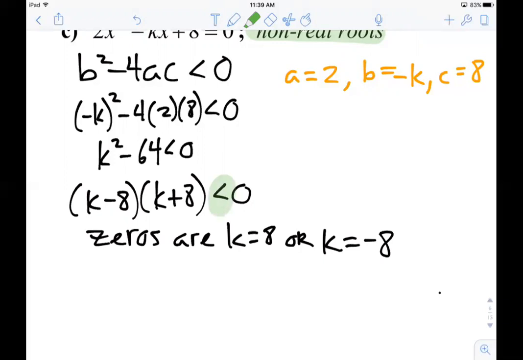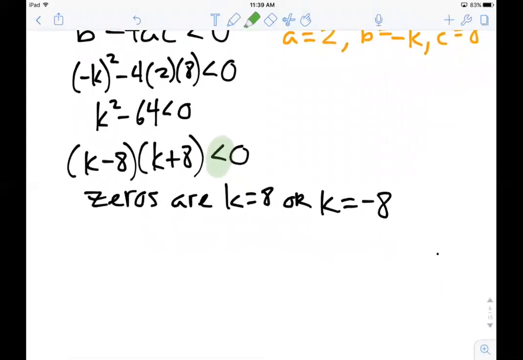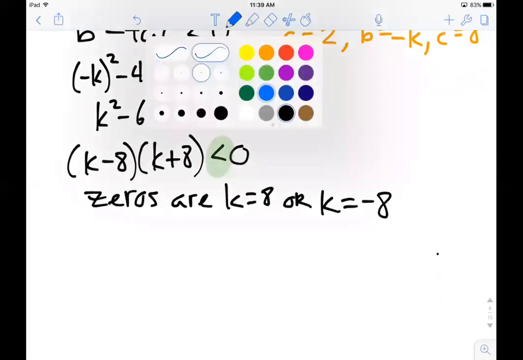So if you go back to our previous lesson on quadratic inequalities, we know that when we're looking for our quadratic expression to be less than 0, and we found the 0 points, then the values that we want for k are all of the points in between our zeros. So I can even maybe just take a moment and graph out what that looks like.